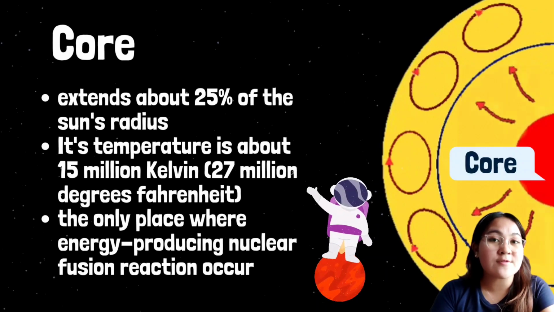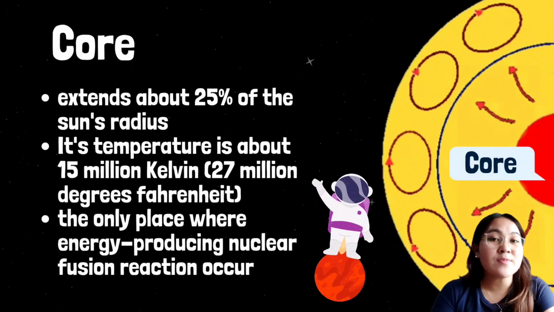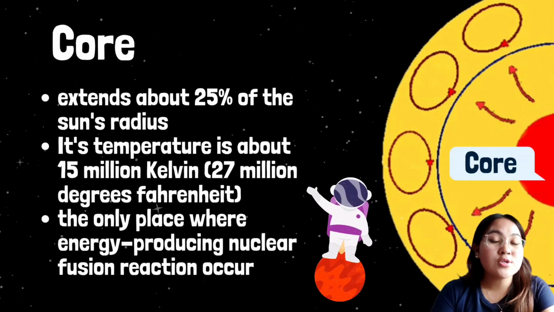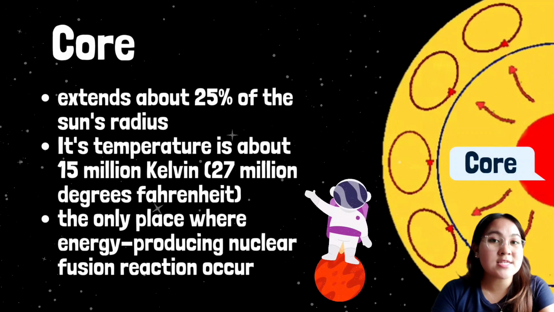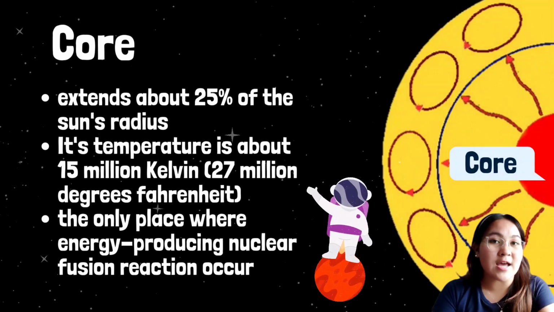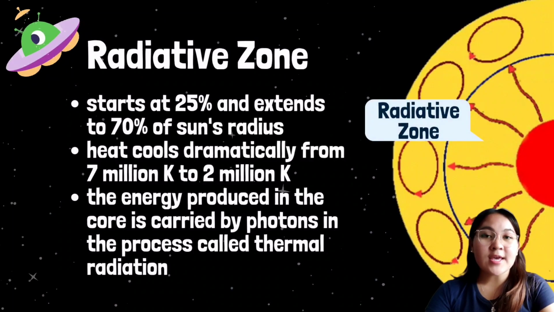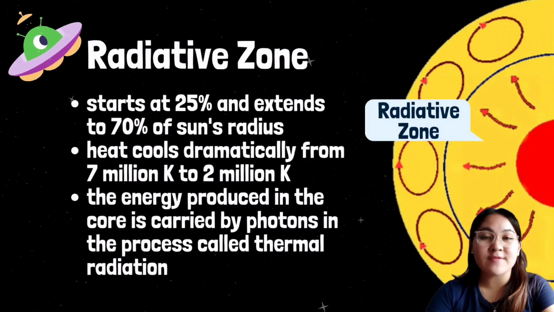They fuse together to form a heavier element called helium, and some nuclear energy held within those atoms is released along the process. This is what we call nuclear fusion, and it's the very process that keeps the Sun and all the stars alive.